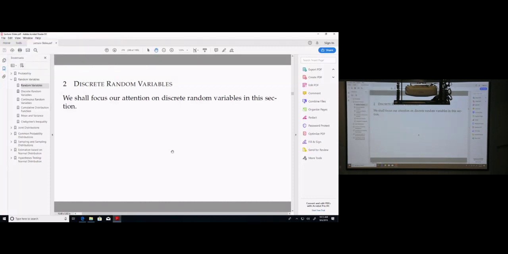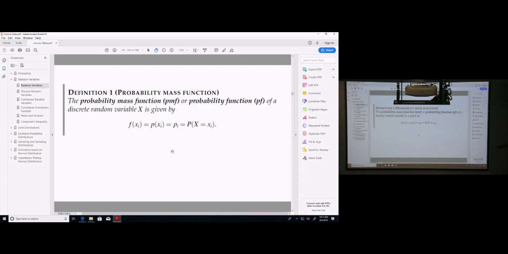And usually for the discrete case, for the probability mass function, we will be using a table to indicate the corresponding probabilities. So the probability mass function, we write as PMF, or probability function, PF. And in a more advanced course, people actually don't even distinguish whether it's discrete or continuous.